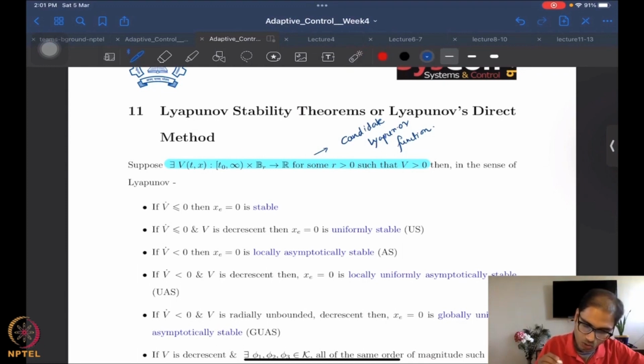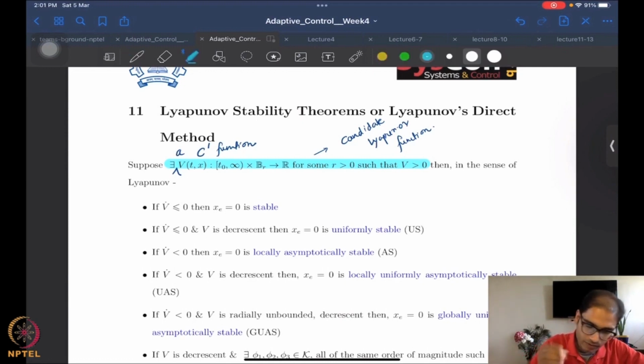It should be more, I apologize. There also exists a C1 function V. V has to be C1 at least, because we are going to take derivatives and partials of it, so it has to be once continuously differentiable at least.